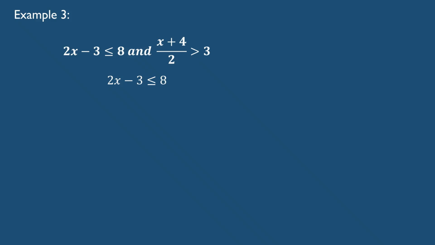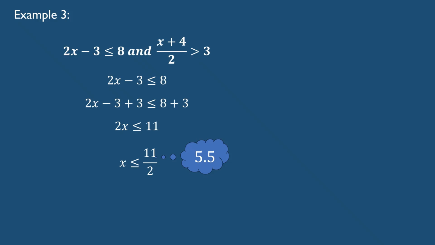Add 3 to both sides, it will become 2x less than or equal to 11. Divide by 2 to get x. Then x is less than or equal to 11 over 2, that is 5.5.